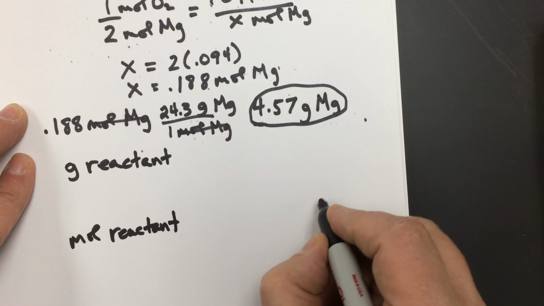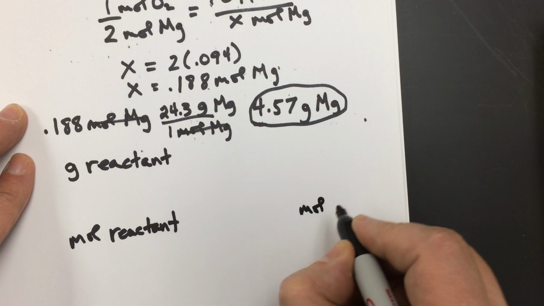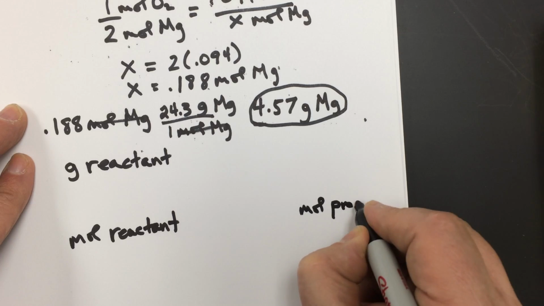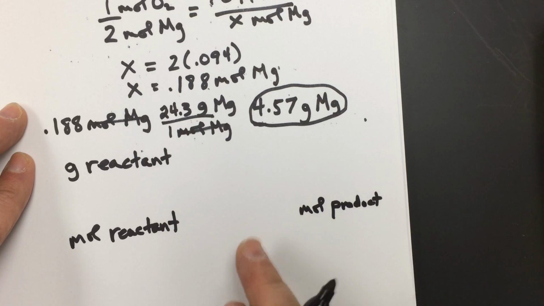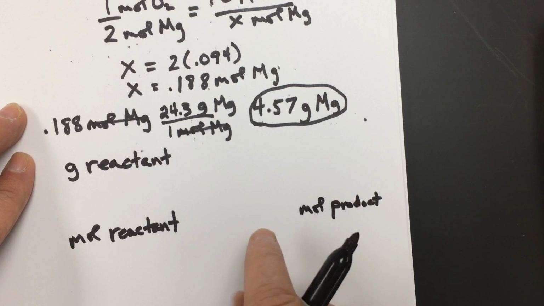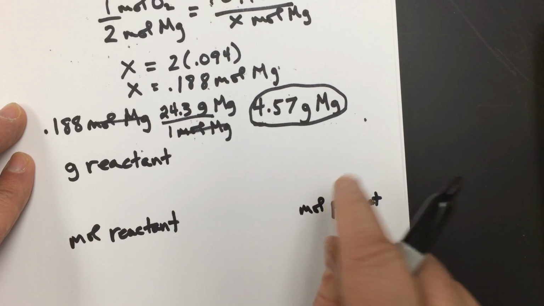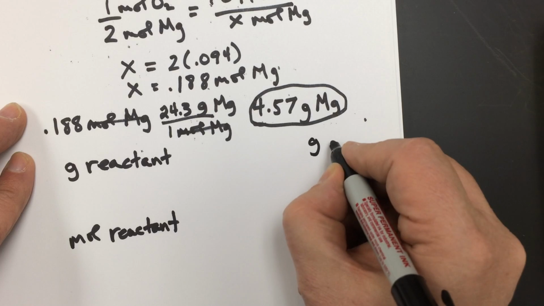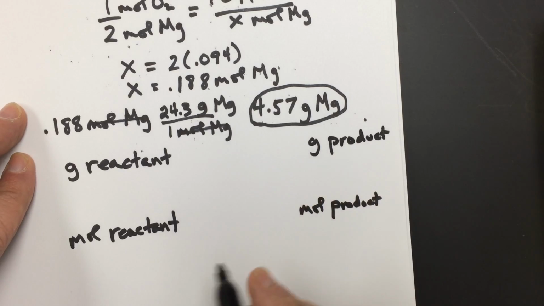Okay, and then from moles of reactant into moles of product, or the other one, whatever you're looking for, because remember, you're just looking for 2 out of the balanced equation. There might be 10 different things in the balanced equation. You only are isolating 2 of them. Start with grams, you go to moles, then you go to moles of the product, and then you're going to grams of the product. So how did we do it?